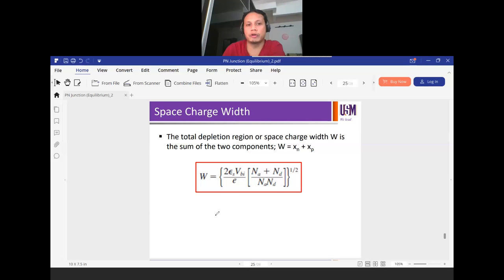Alright, so far so good. Then on Thursday, we're going to continue with space charge width, and then we're going to move on to PN junction under applied bias. Up to which topic? Test 1 is from day 1 of our lecture until PN junction under equilibrium. But depletion width is not included. It covers only the concept of PN junction. But it's open book anyway, so you can always check your lecture notes.